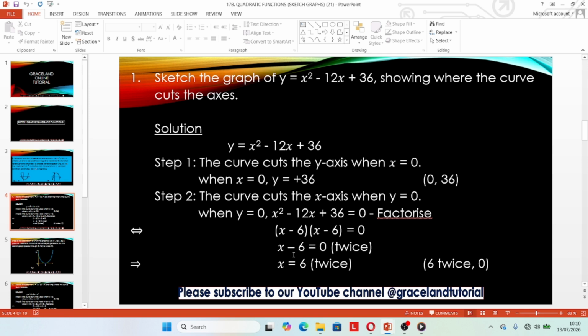Then minus 6 will move to the right hand side. You have plus 6. So x will be equal to 0 plus 6. So x is equal to 6 twice. So the coordinate will give us 6 twice and then 0, meaning when y is equal to 0, our x will be equal to 6 twice.